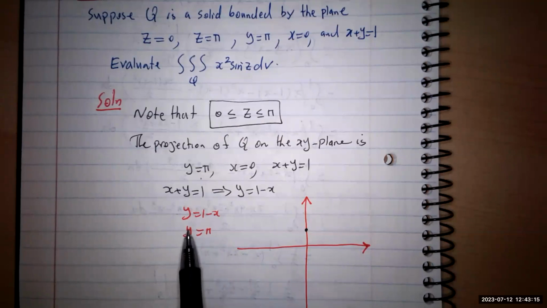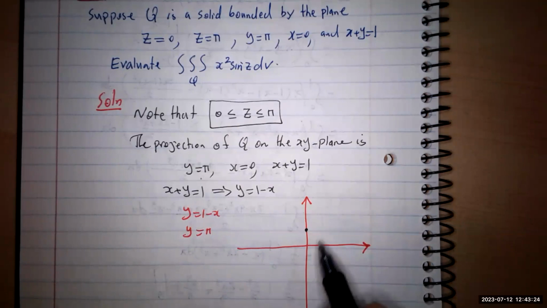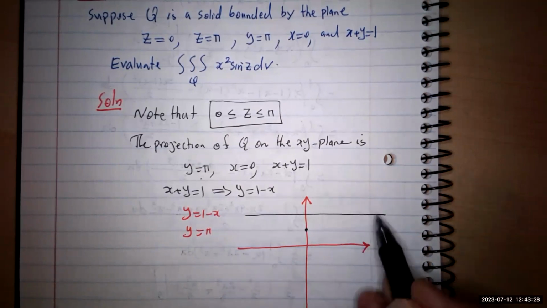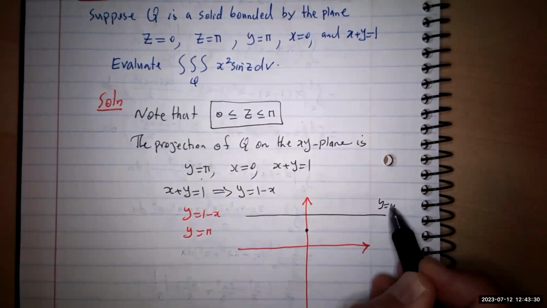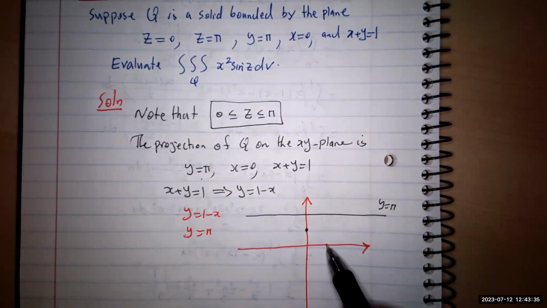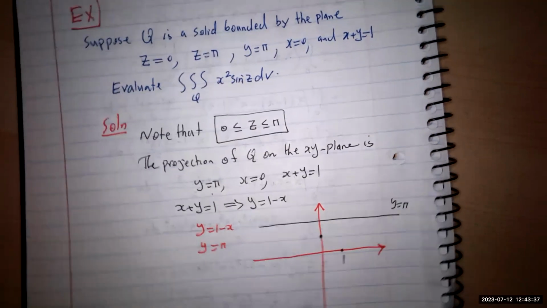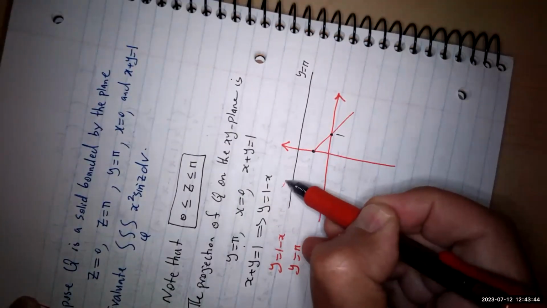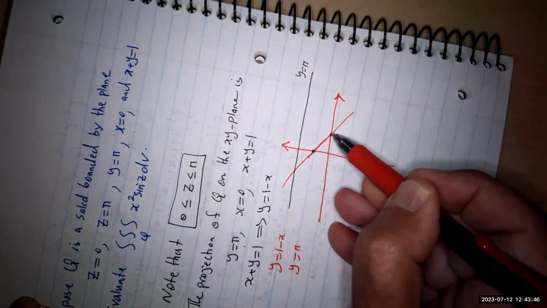If you put y equal to pi, pi is 3.14, so this is going to be y equal to pi. The x and y intercepts of this line are 1 and 1. If you connect them together, this is the situation that you're going to have.